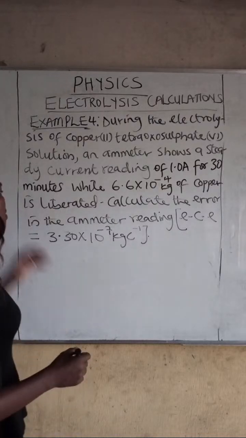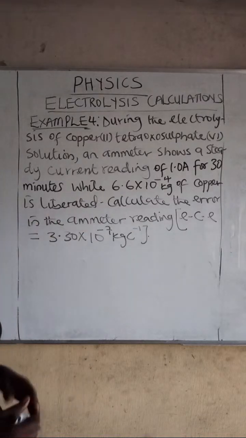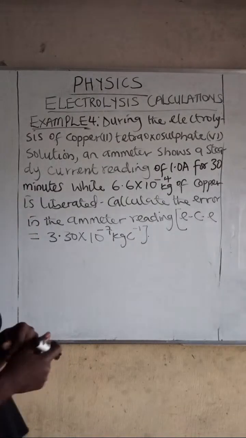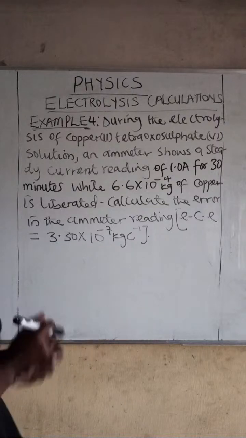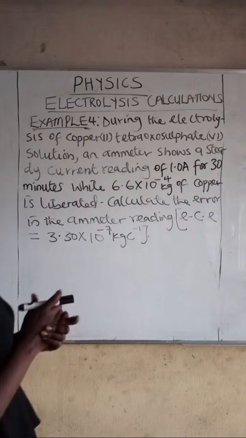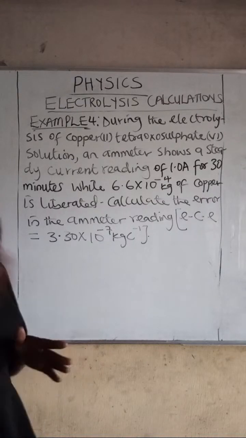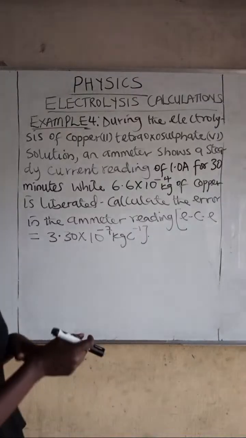Calculate the error in this ammeter reading. This is different from what you have been solving. We are given the current of 1 ampere, then we have time of 30 minutes. Electrochemical equivalent is given, and we have mass.